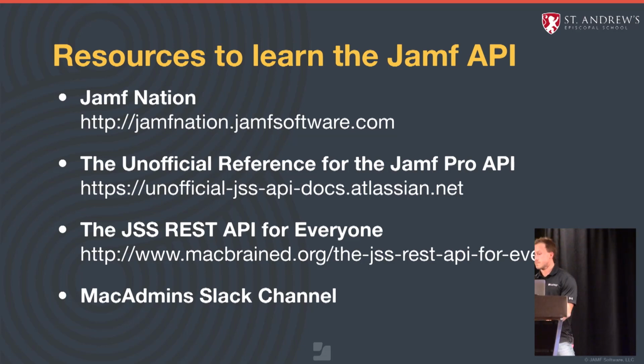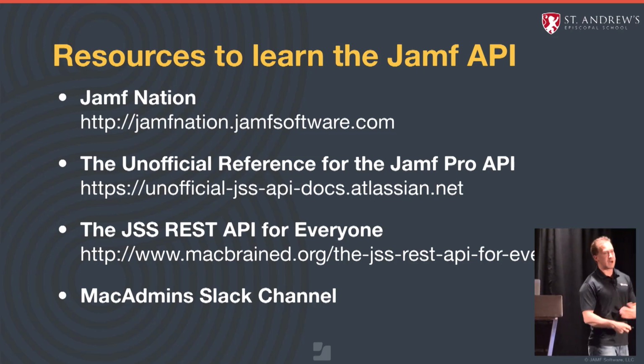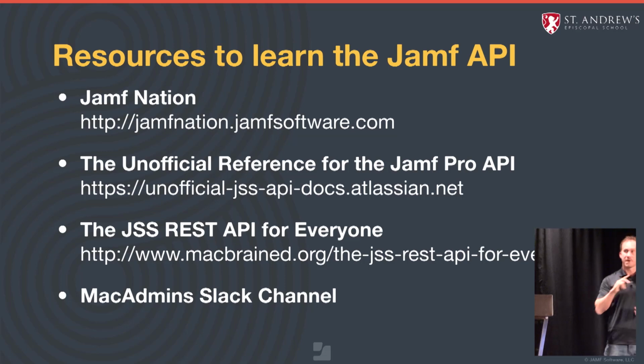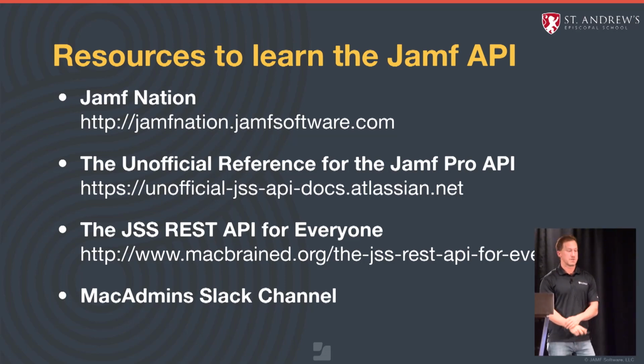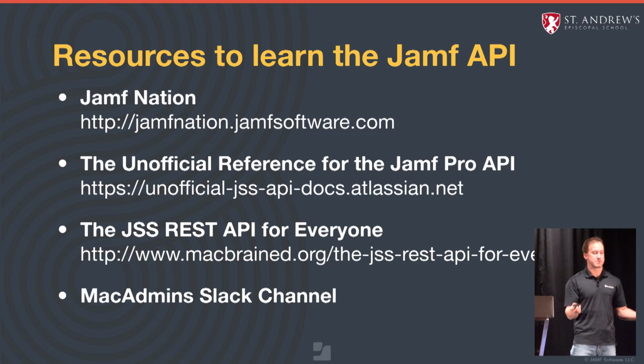A third was the JSS REST API for everyone. And finally, the Mac admin Slack channel. So if you're not on Slack, join it. Find yourself the Mac admin's channel and start asking questions. There's a channel within it for specifically just this, the JSS API.